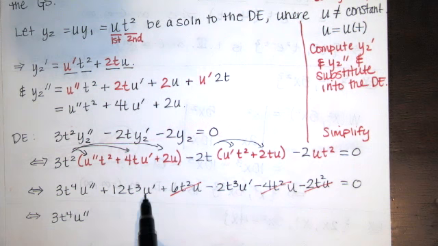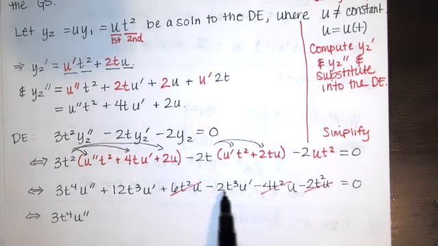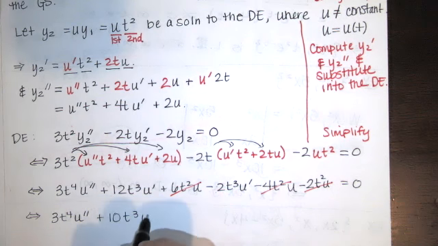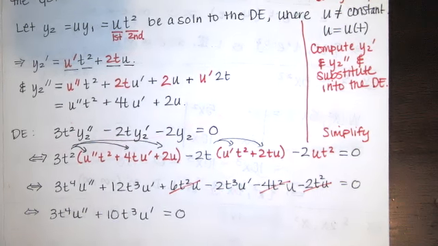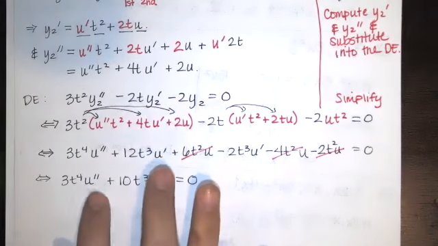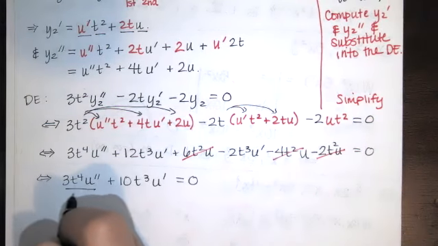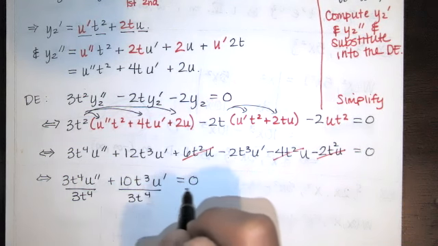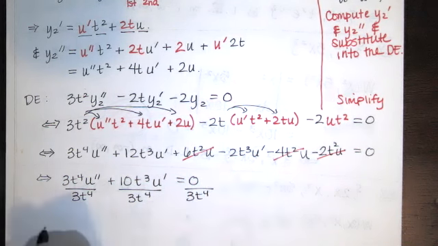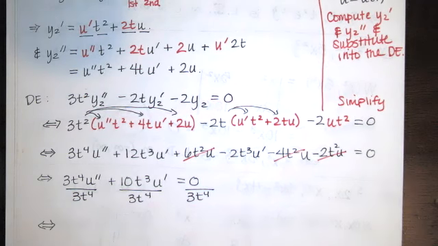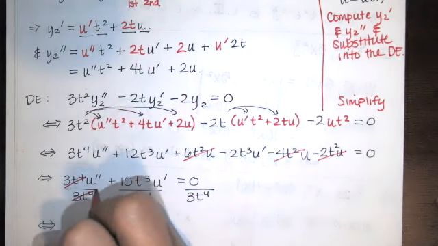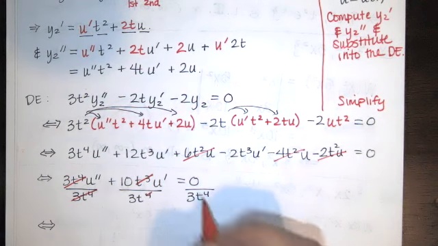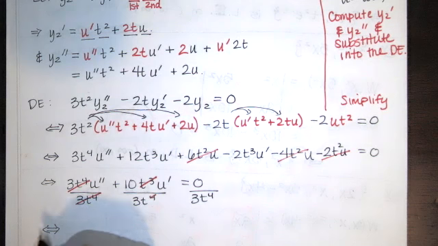I've got 12t cubed times u prime here, minus 2t cubed times u prime. So that's 10t cubed times u prime, and that's equal to 0. And then I want the u double prime by itself, so I will divide everything by 3t to the 4th. That's going to reduce with almost all of those, and of course 0 divided by anything is 0.